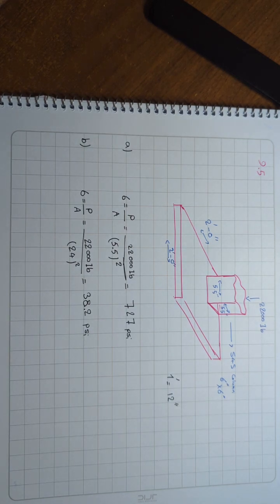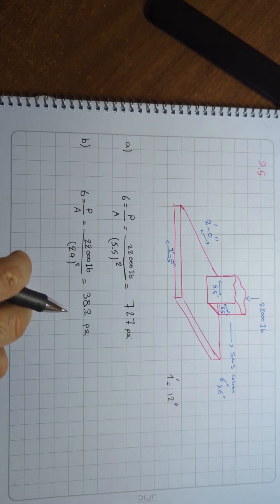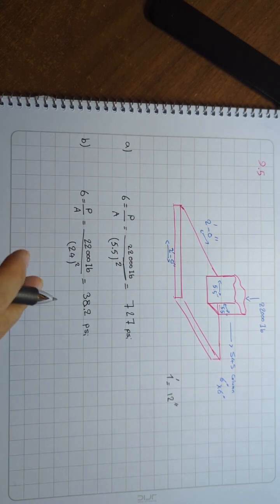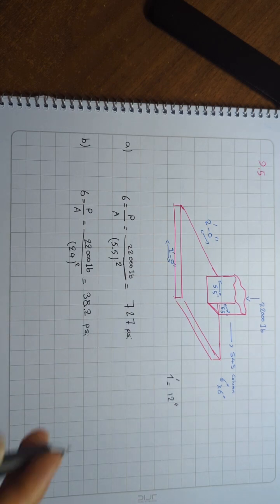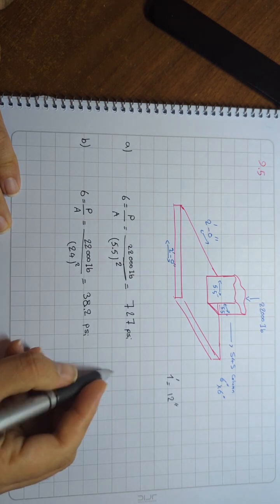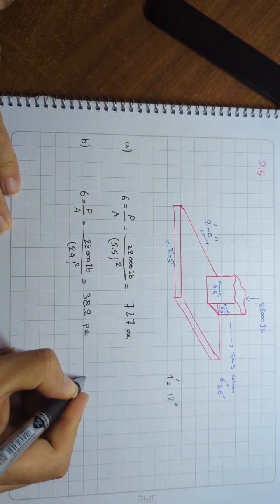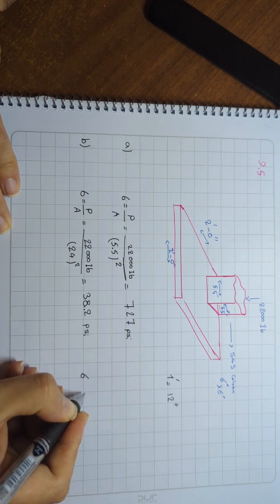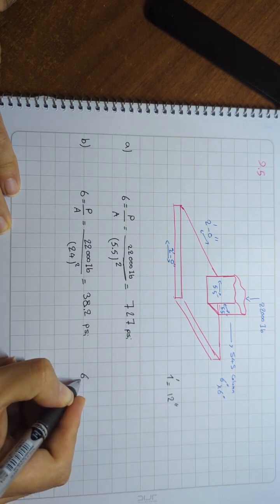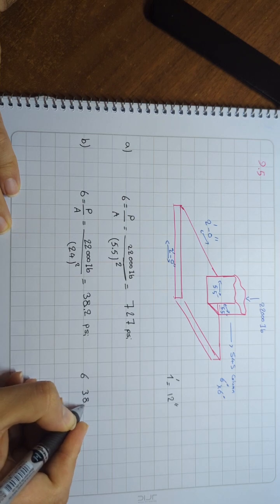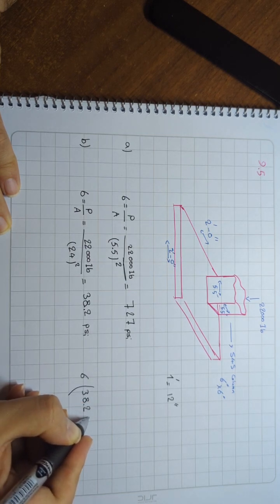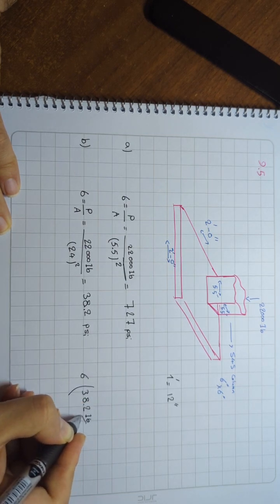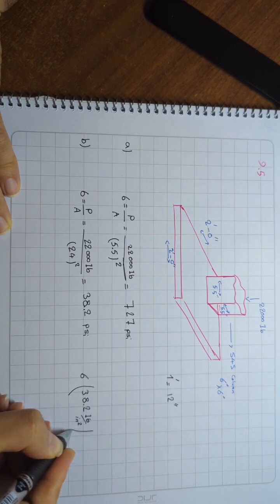Since the bearing stress on the soil is generally expressed in pounds per square foot rather than psi, if we want to change psi to psf, we just have to multiply it by a certain number. So we say 38.2. What was psi? So psi is pound per square inch.